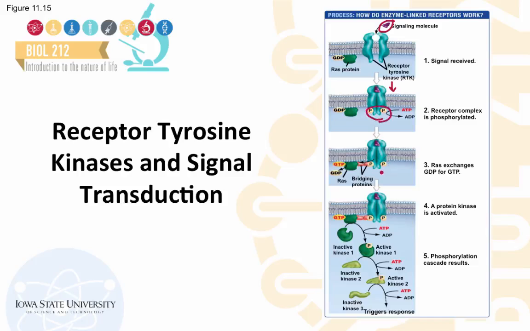This phosphorylation allows the RTK to bind to bridge proteins that connect it to a protein called RAS. When RAS is activated, it brings about phosphorylation of other kinases inside the cell, which triggers a phosphorylation cascade, leading to a particular response to the incoming signal.